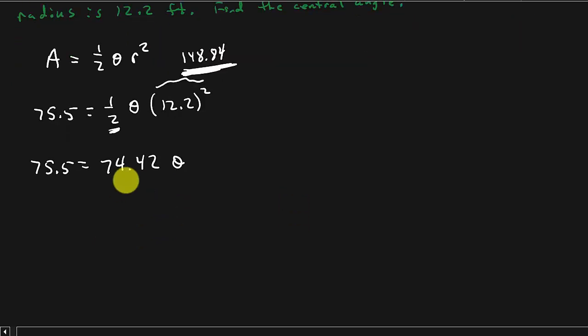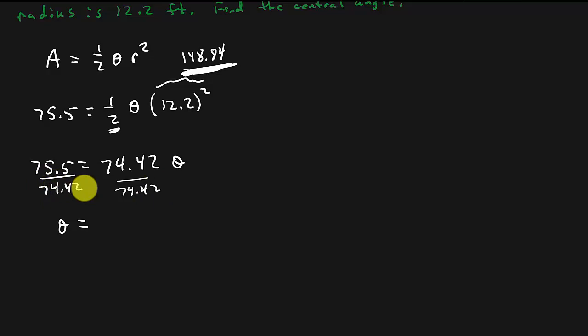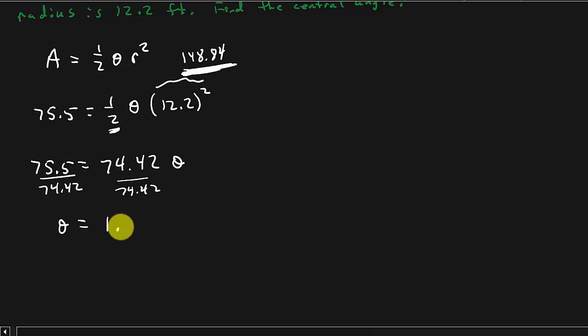And then I divide everything by this, so I'm dividing by 74.42. And so I get 75.5 divided by 74.42. That gives me 1.015. Let's round it to that.